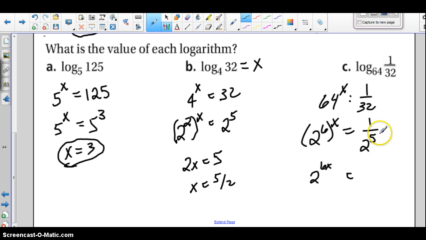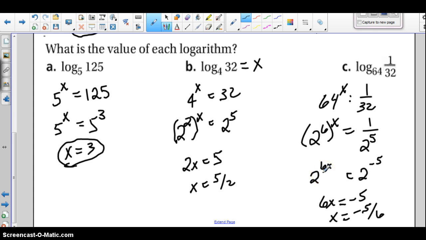And here, if you remember with exponents, this is really the inverse of 2 to the 5th. So I can rewrite this as 2 to the negative 5, because the negative makes you flip it, and then you keep the exponent right here. So now that I have the same bases, I'm going to set the exponents equal to each other. 6x equals negative 5. And now you're going to have x equals negative 5/6.